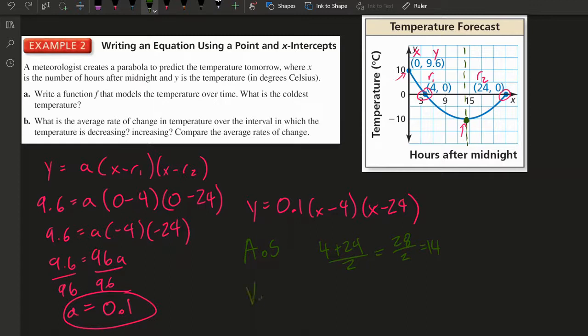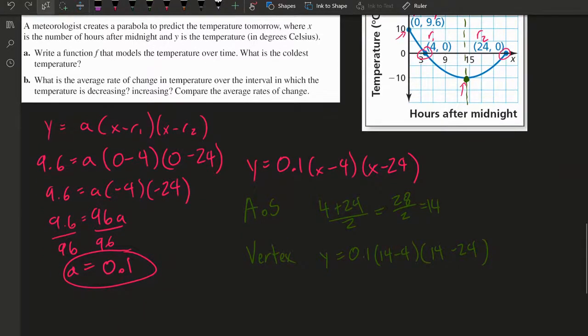Now in order to find the vertex, I find the value of y at 14. So I'd get y equals 0.1 times 14 minus 4 times 14 minus 24. So that would be 0.1 times 10 times negative 10, which would be 0.1 times negative 100, which turns into negative 10.